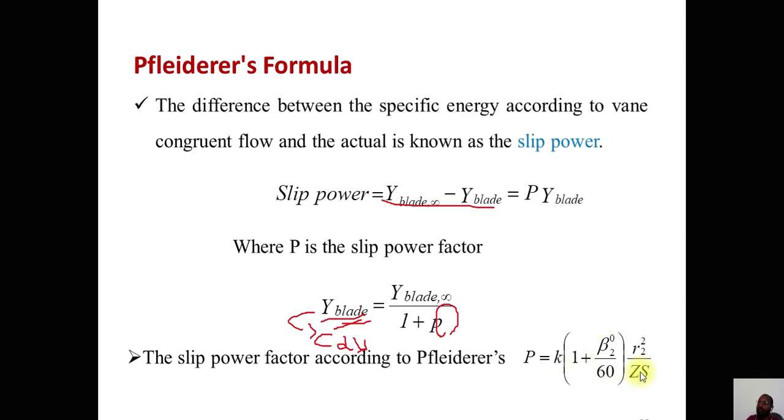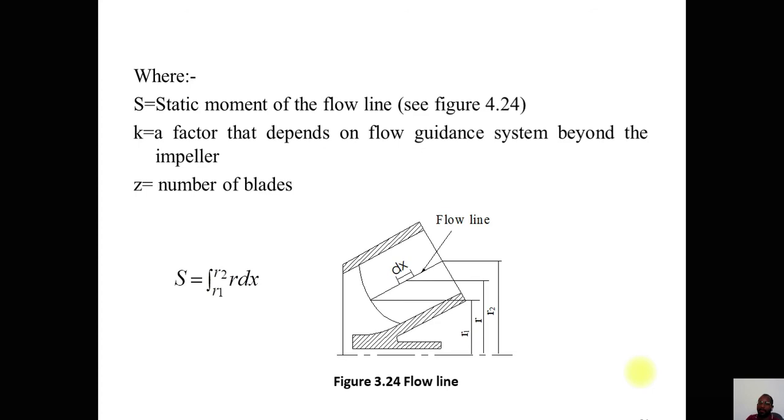P is a function of all those parameters. The S is actually called the static moment of flow line. Static moment of flow line is a factor dependent on flow guidance. Z is the number of blades.